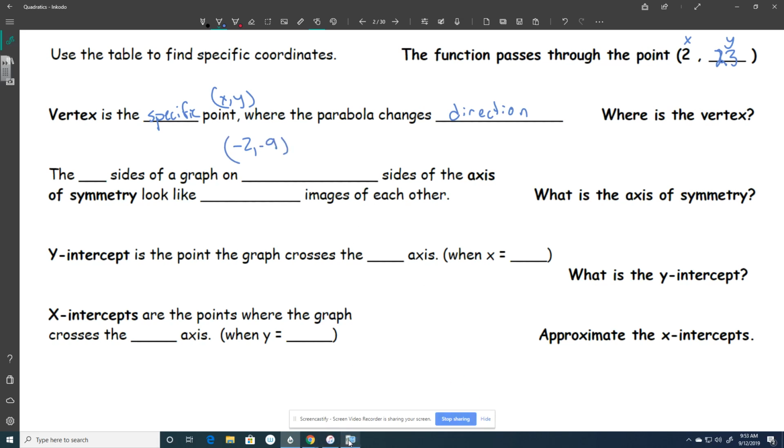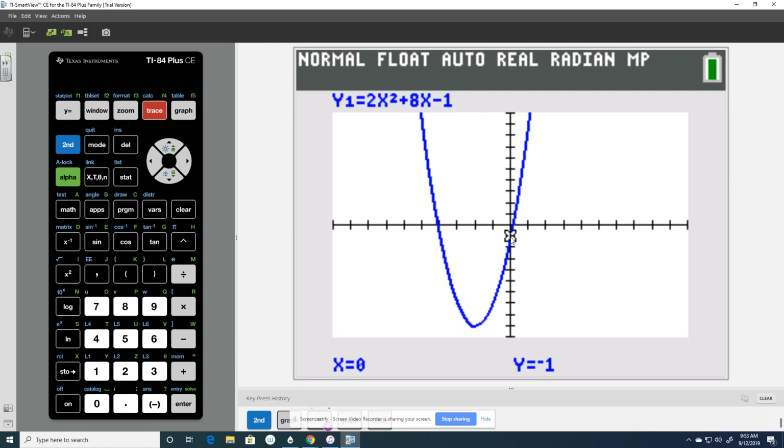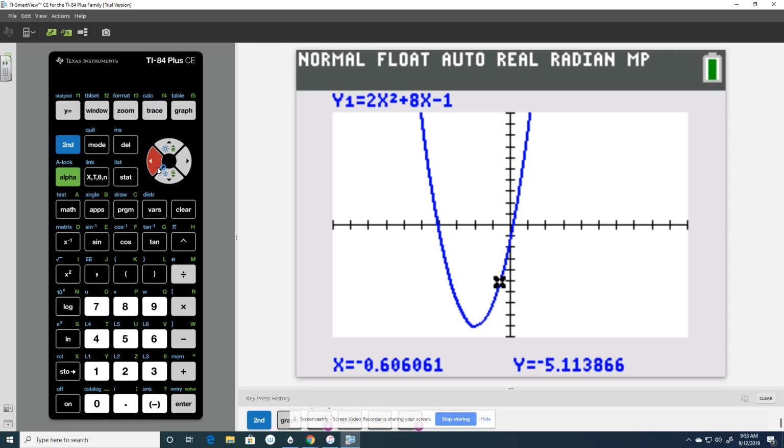The other way to find the vertex is to trace the graph. If I hit the trace button, it gives me this little cursor, and as I scroll back and forth, it follows the graph. What I can do is try to get close to that vertex. Sometimes, if you notice, it kind of skips numbers.